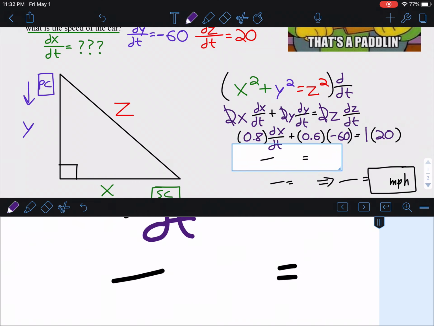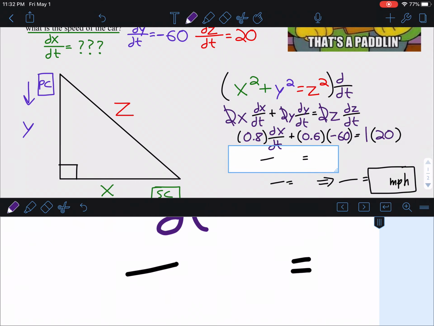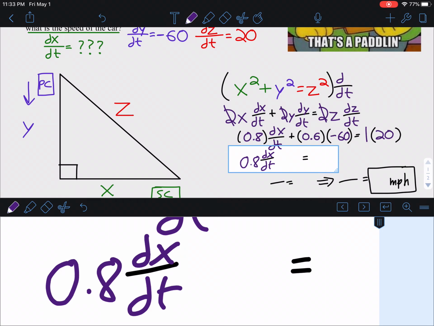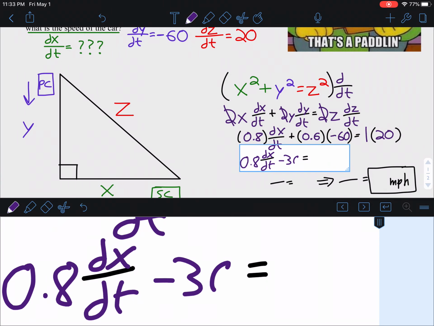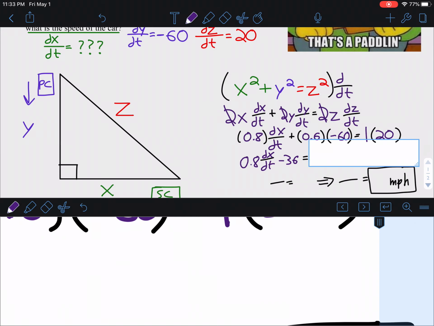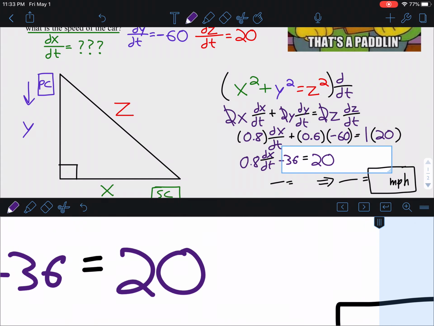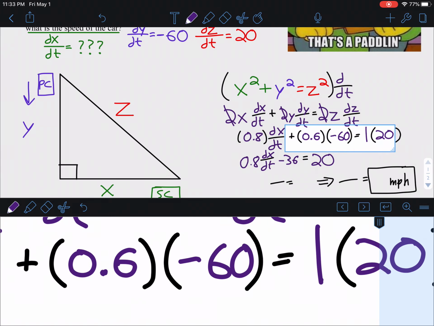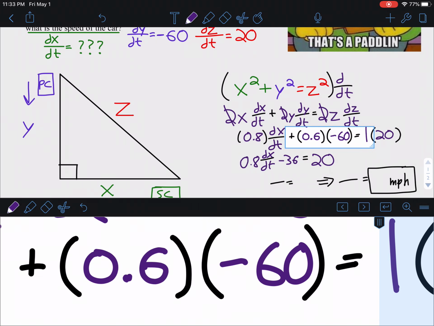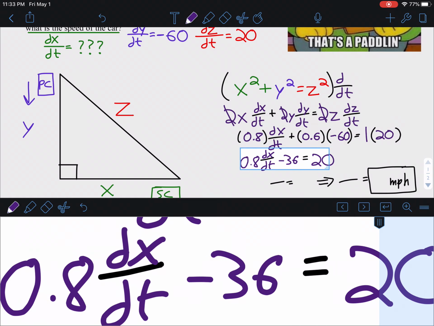Okay, so what's going to happen here, right? I'm going to have 0.8 dx/dt. 0.6 of 60 is 36, but it's a minus, so I will subtract it. 1 times 20 is 20. And now, here's why that negative was so important, right? If you would have left that as a positive, then you would have positive 36 here.